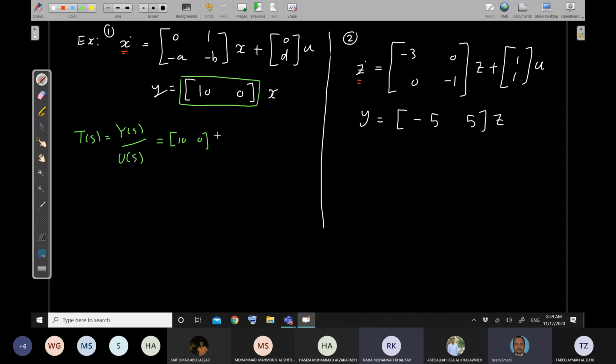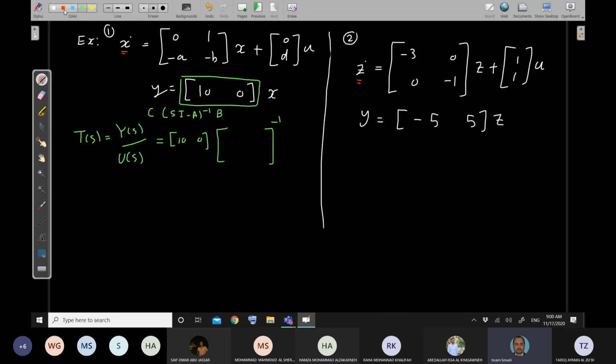So here I will write the S. Okay, you are seeing C, SI minus A inverse, B, yes or no? Okay, so this is the C. Now the second one, where is it? SI minus A inverse. So here the inverse. I equals A, I guess.